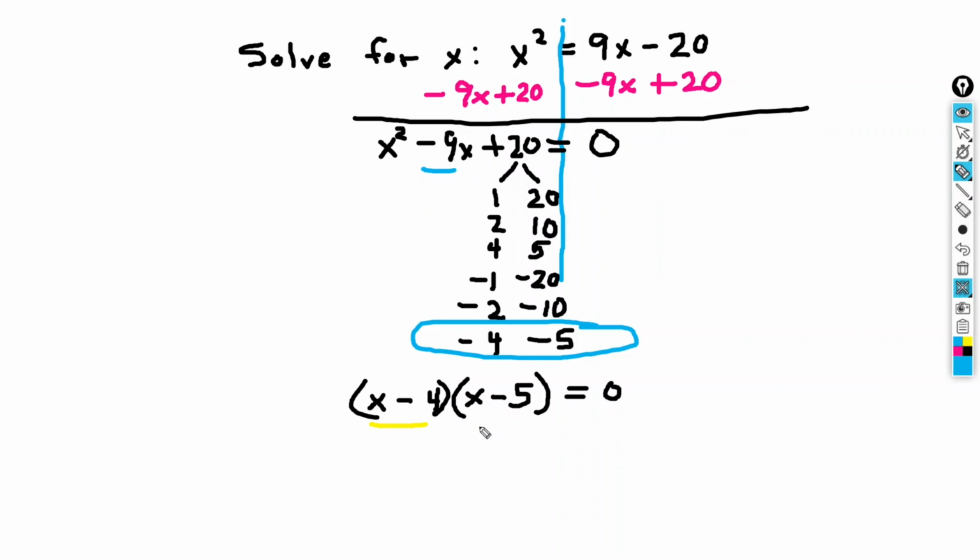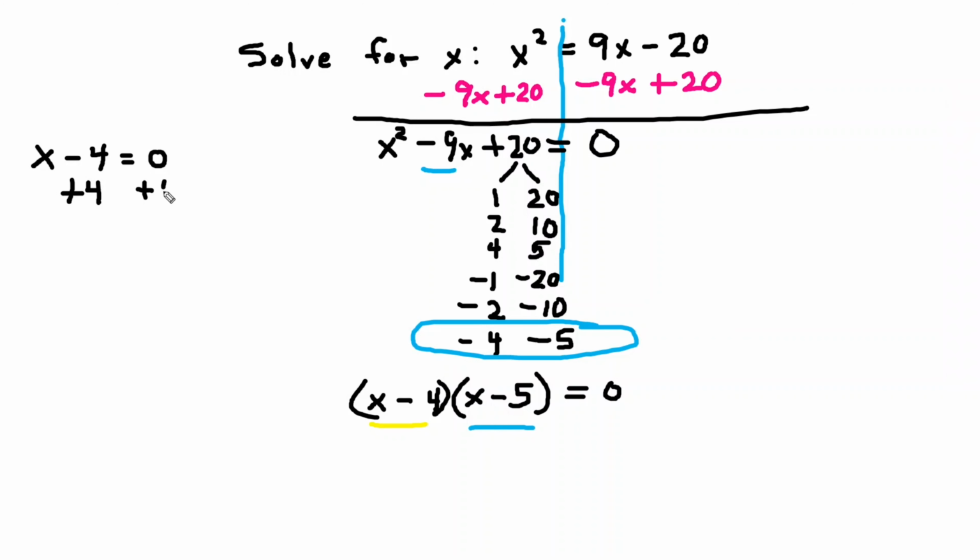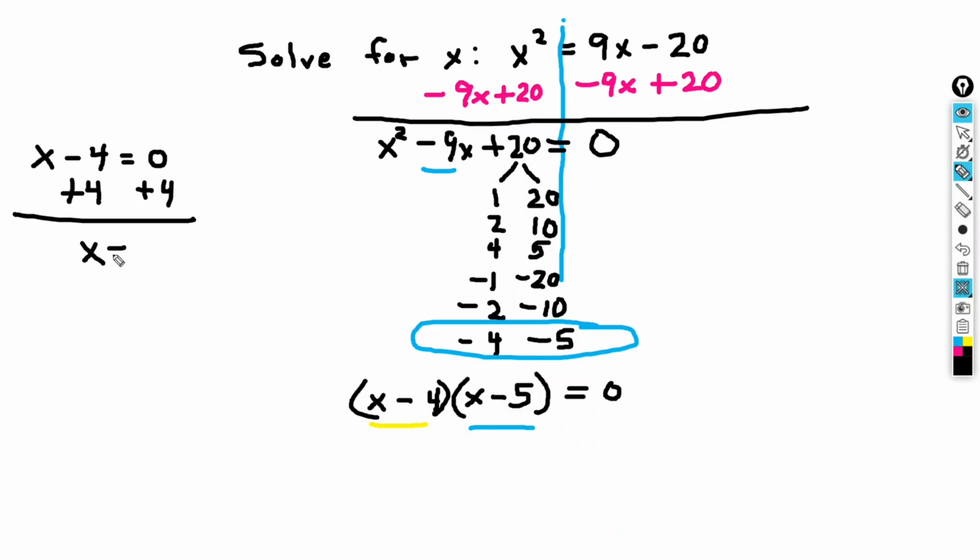Likewise, if x minus 5 equals 0, whatever x minus 4 is times 0 will also equal 0. So I have to set both of these equal to 0. So I have x minus 4 equals 0. We're going to add 4 to both sides. And we're going to get x equals 4.